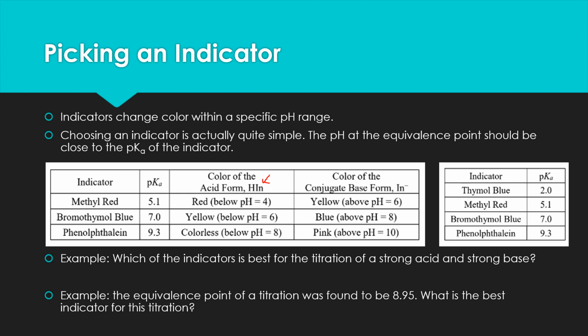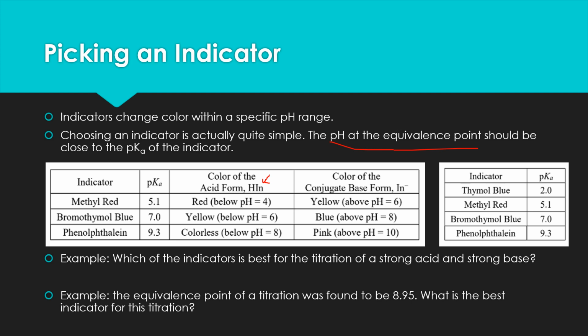This is the one that we actually used for our titration at the beginning of the semester. We used phenolphthalein. So choosing an indicator is actually quite simple. The pH at the equivalence point should be close to the pKa of the indicator, as close as you can get. It's not going to be exact, but we want to be close.